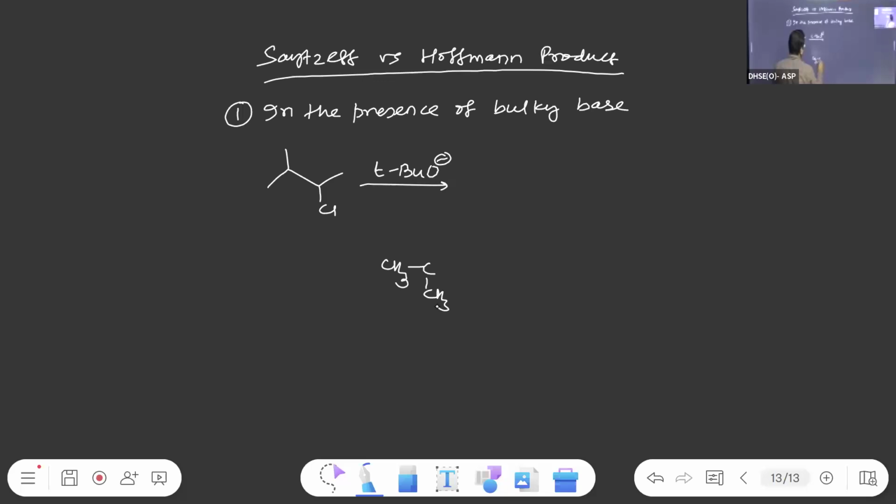The product will be this. The same reactant in the presence of alcoholic KOH gave the double bond at the 2 position, but here the double bond is formed at position 1.